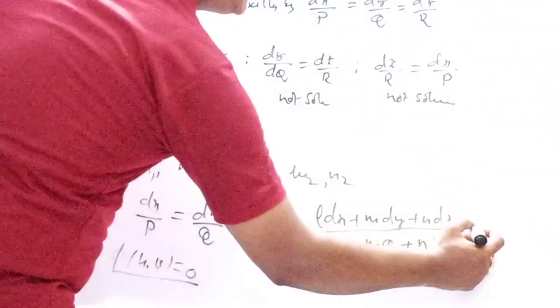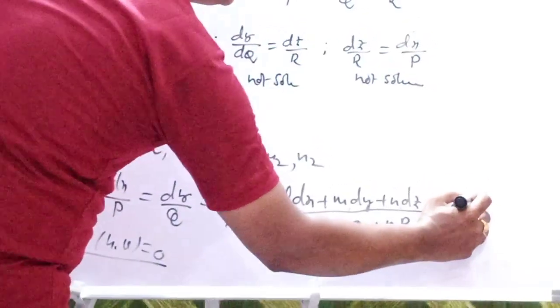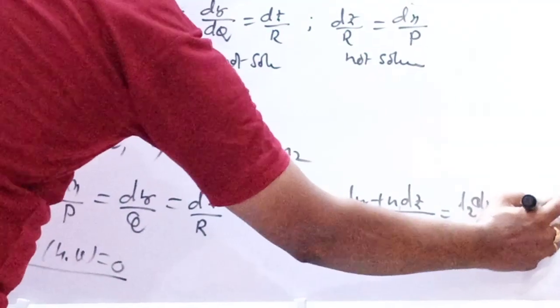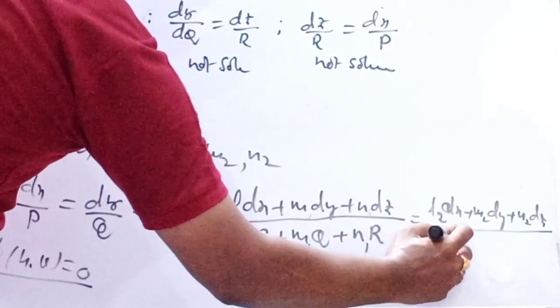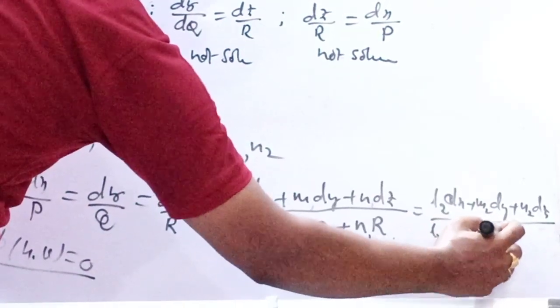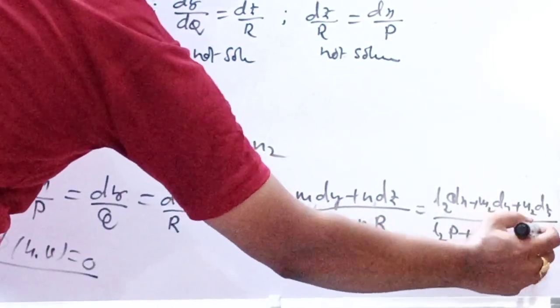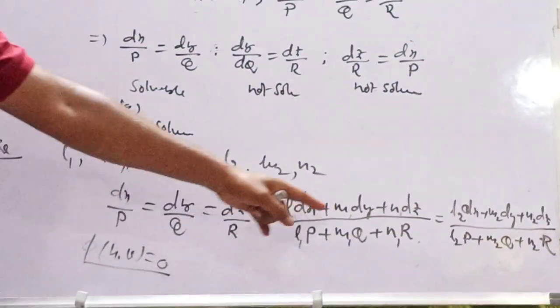Again you rewrite this as equal to L2dx plus M2dy plus N2dz by L2p plus M2q plus N2r. So we have extended one more term.